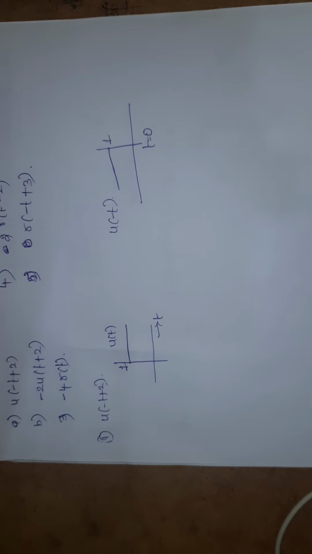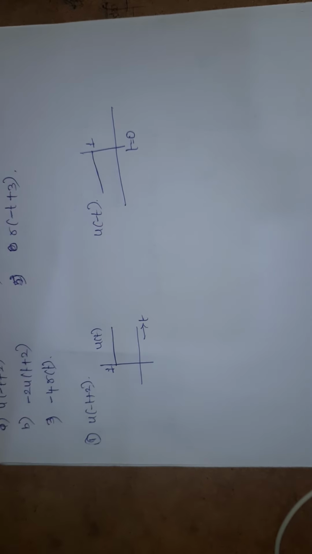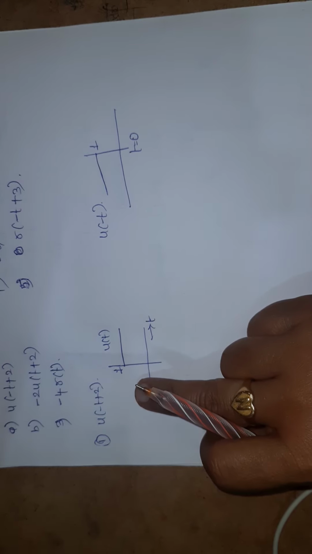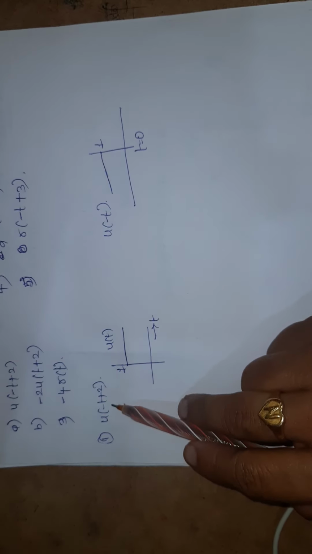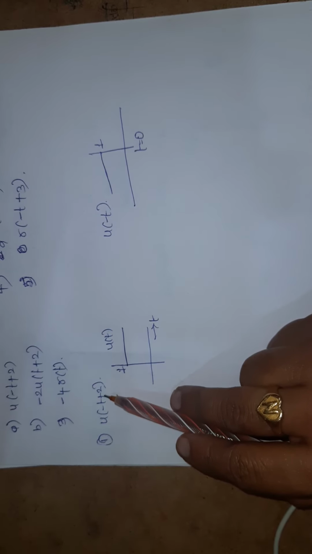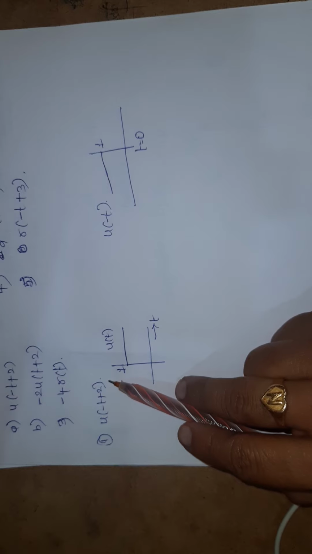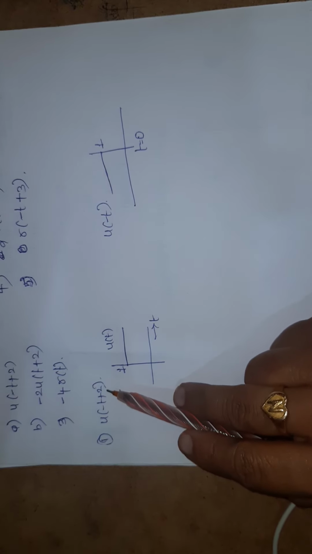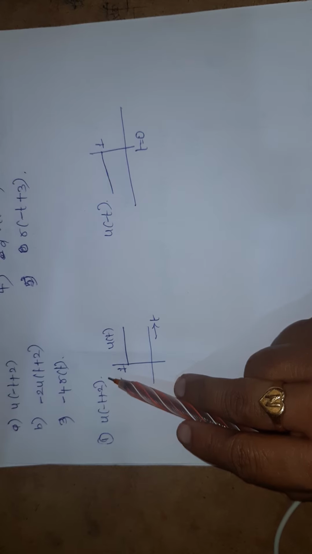And then we shift the reversed signal to the right by 2 units of time to obtain u of minus t plus 2. So here I have minus t plus 2 equal to 0.